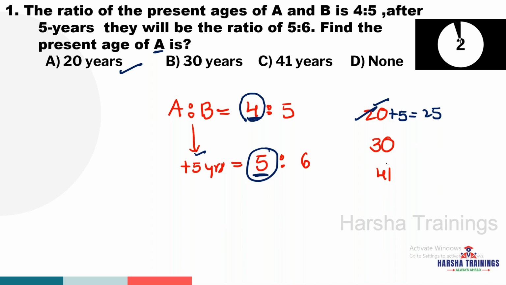Okay, check the remaining options also, guys. Okay, 30. Is 30 a multiple of 4? No. So that's why option B is the wrong option. Next, is 41 a multiple of 4? No. So that's why option C is also wrong. Only option A is the right answer. Is it clear, guys, all of you?